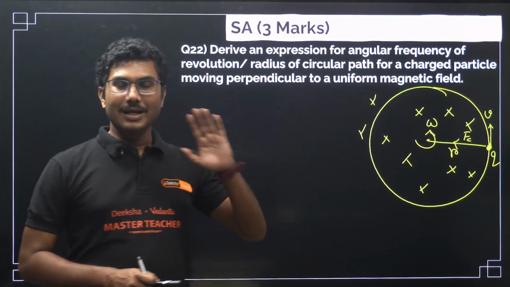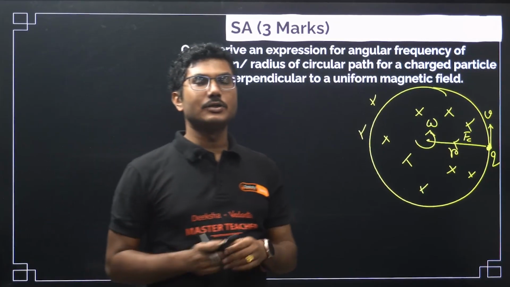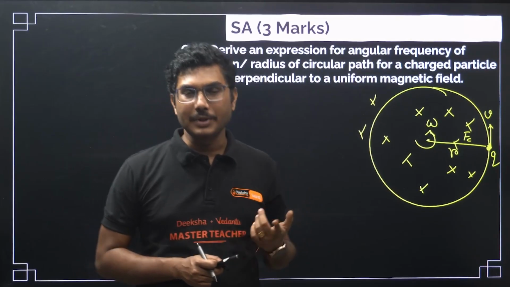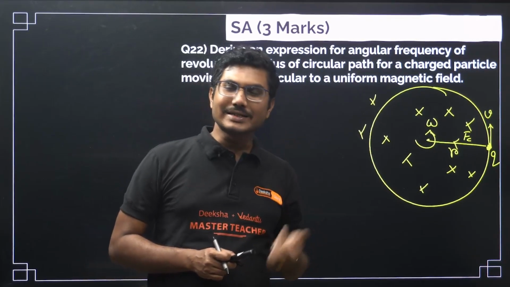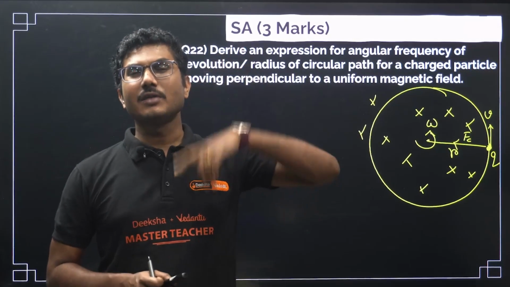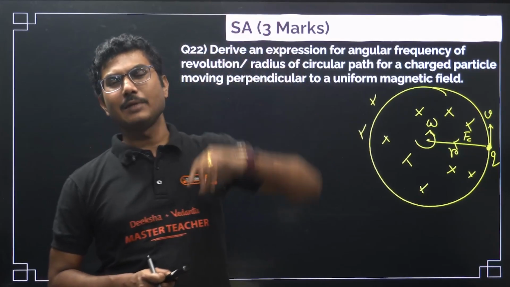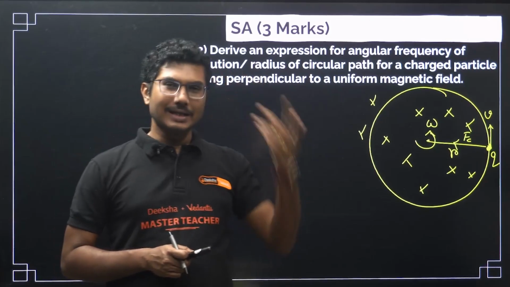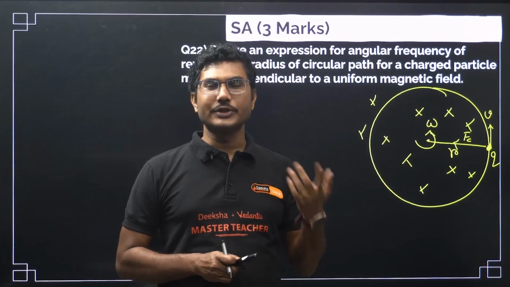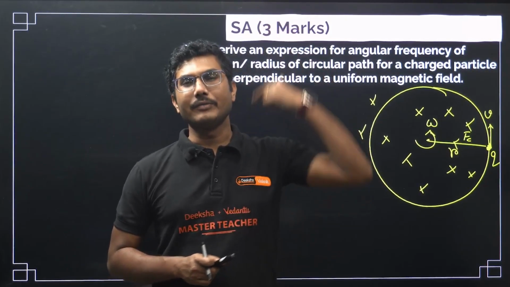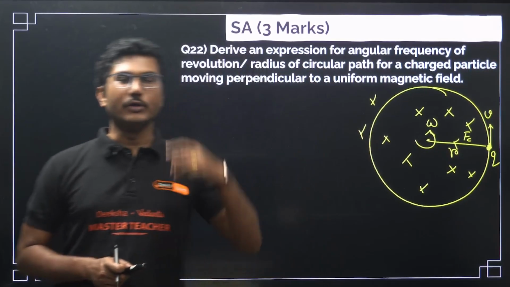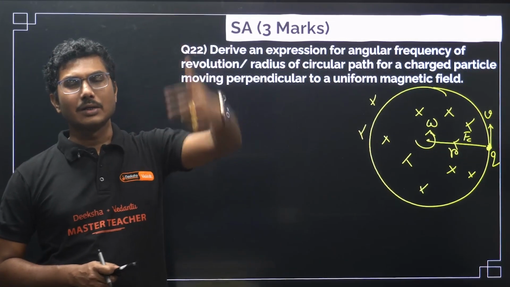For example, if a satellite is rotating around the earth, the satellite requires a centripetal force. Who provides it? The gravitational force between the earth and the satellite. In case the required centripetal force is not enough, the satellite will slowly come back to earth and fall back. It will not be able to rotate on the circular orbit.